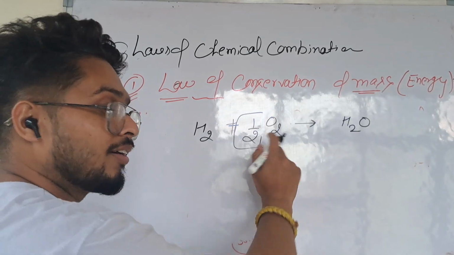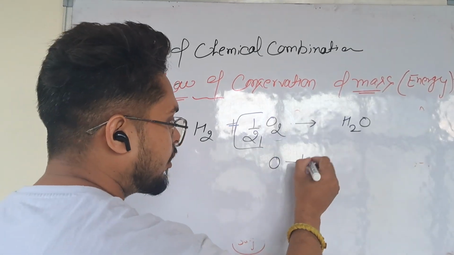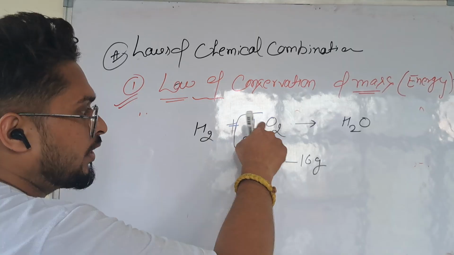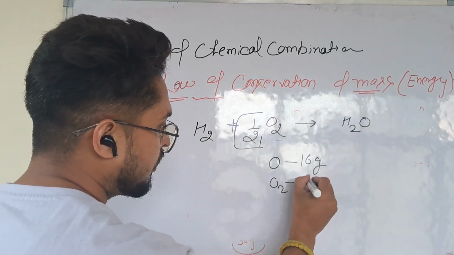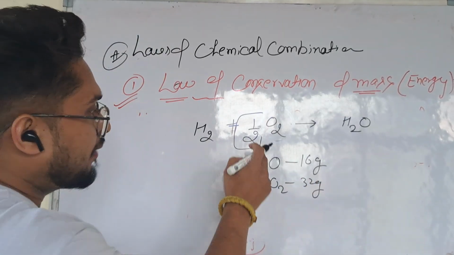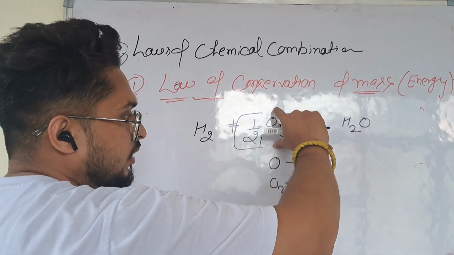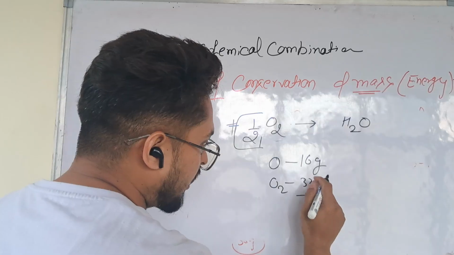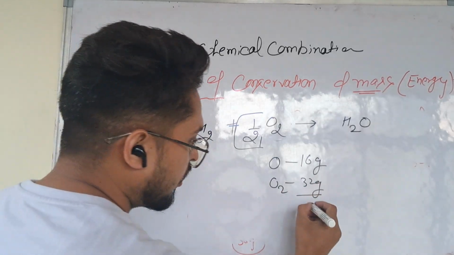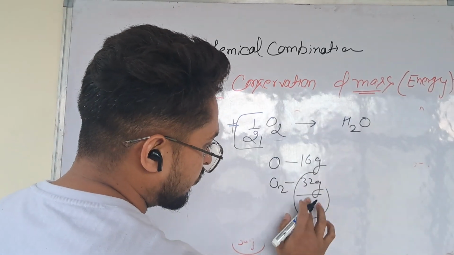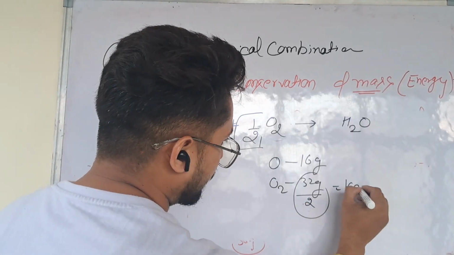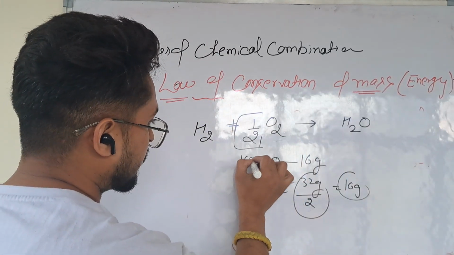Single oxygen atom has mass 16. If it is O2, then mass is 32 gram. Now we have to take half, it means half the weight of this oxygen. What is the half weight of this oxygen? 16 gram.